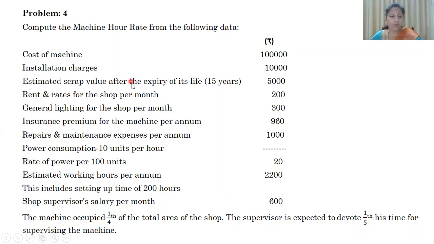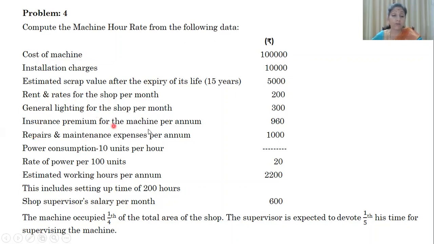We have to find the standing charges as well as variable charges. What are the standing charges here? Cost of machine, installation charges, estimated scrap we are using for calculating the depreciation. First one, rent and rates for the shop per month, this is a standing charge. Then general lighting is a standing charge.